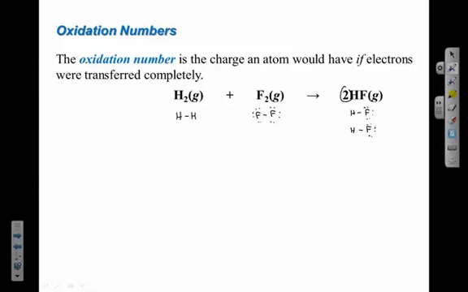Because both hydrogens are sharing 2 electrons, they have the same electronegativity, they're pulling on the electrons with the same strength, and so the electrons get shared evenly between the 2 hydrogens. But if I put the hydrogen with a more electronegative atom, that other atom will attract the electrons more. So really we do have a change in the arrangement of the electrons around the hydrogen.